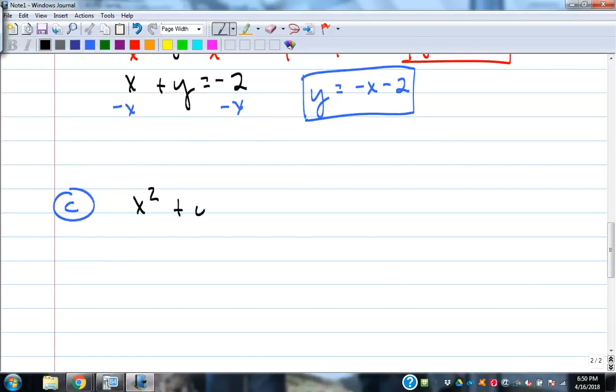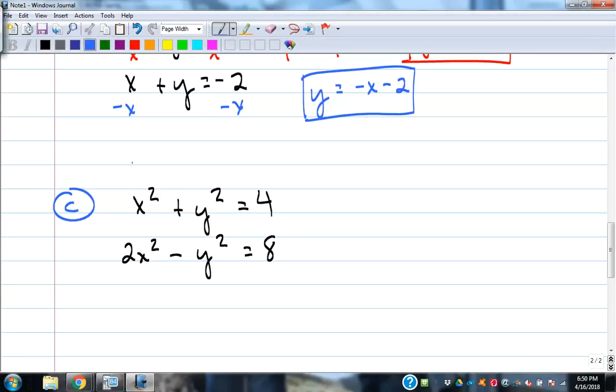X squared plus y squared equals 4. And then 2x squared minus y squared is equal to 8. Now, algebraically, do we see how this one could eliminate just like the first one we did? When we got a positive y squared, and on the second equation we got a negative y squared, they would cancel each other out.